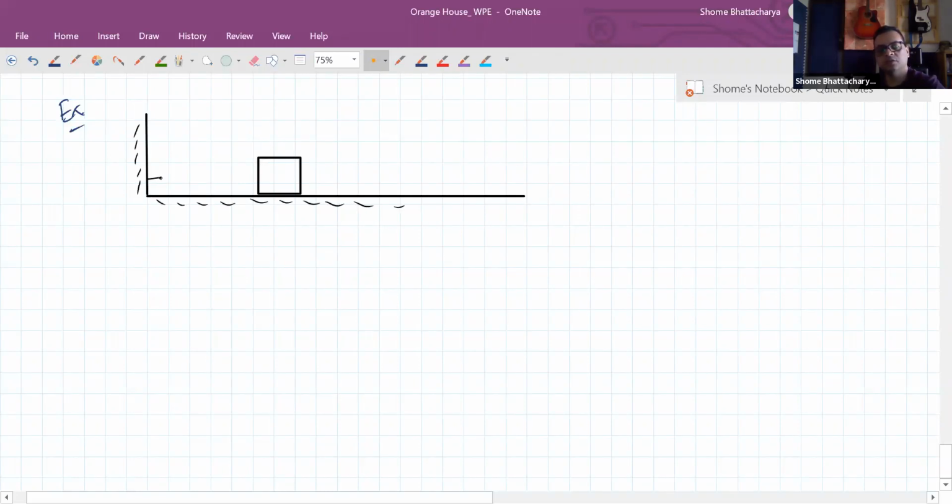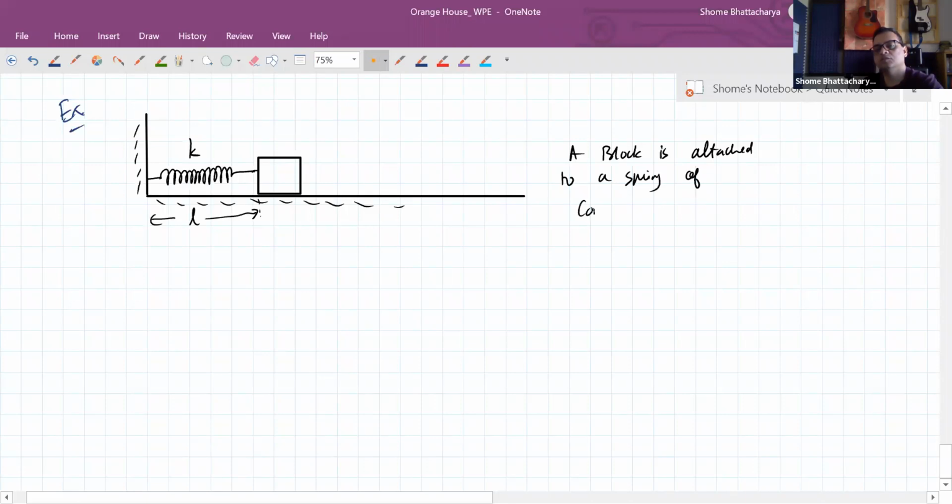We have this block attached to a spring of constant k and natural length L. So a block is attached to a spring of spring constant K, and what is called natural length, that is when the spring is not deformed, L, as shown. Okay.